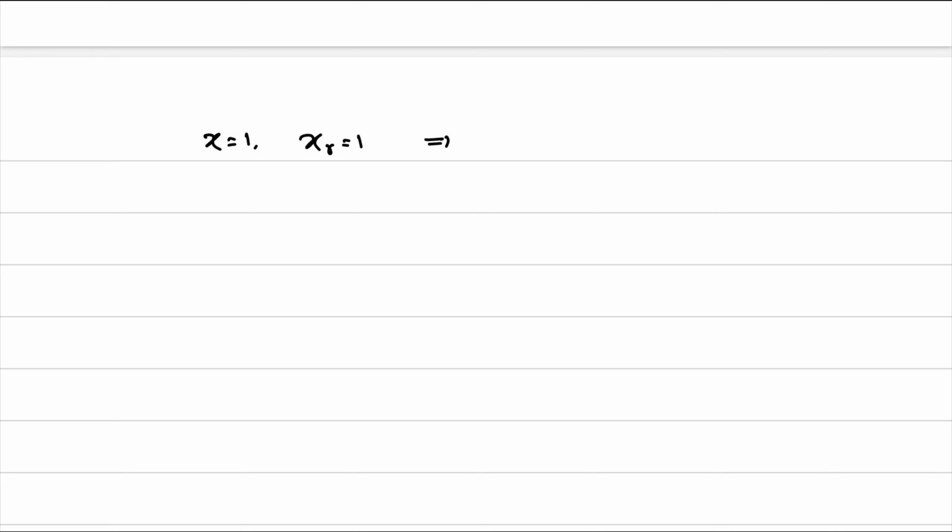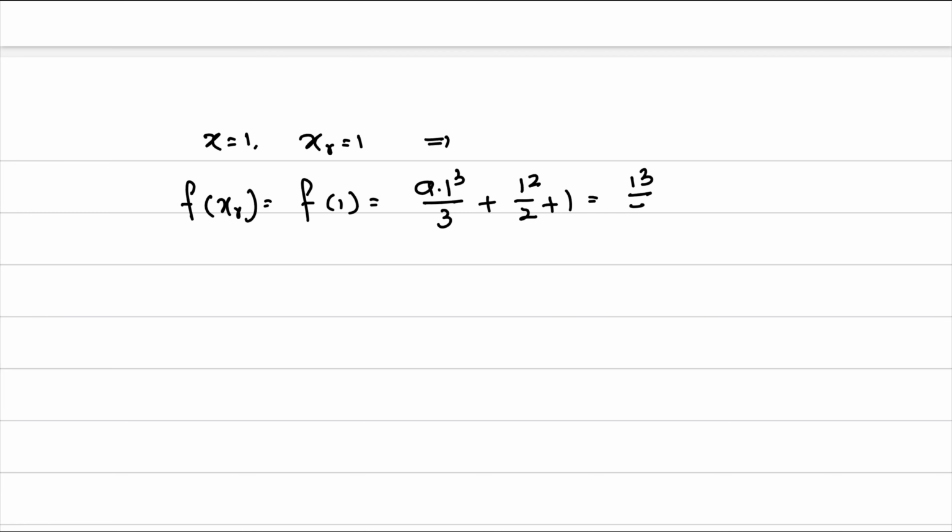That implies function f(xr) is equal to f(1) is equal to a into 1 cube by 3 plus 1 square by 2 plus 1 is equal to 1 cube by 7 minus b into 1 square by 5 plus 1 by 3.